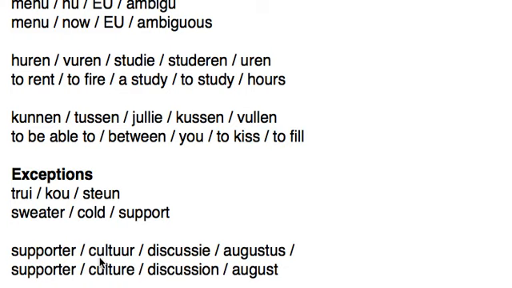No, it's a long U. Cultuur. Same for discussie. Long U here. And Augustus. Long U here. Also a typical mistake some English speakers make. August is Augustus. Don't forget the us at the end.